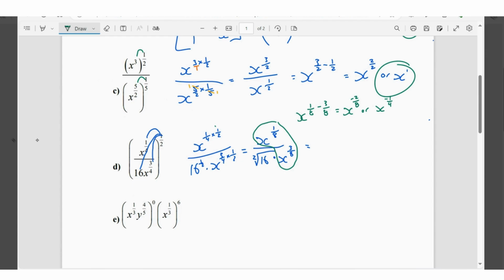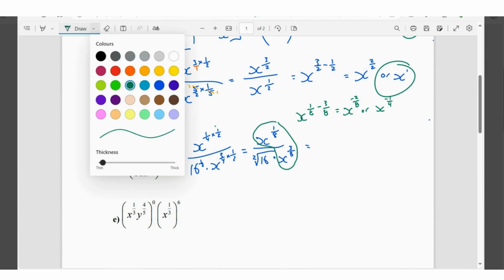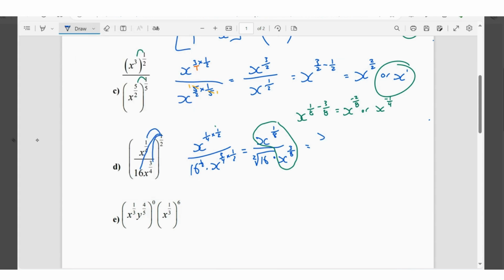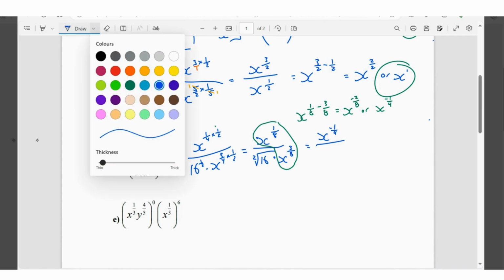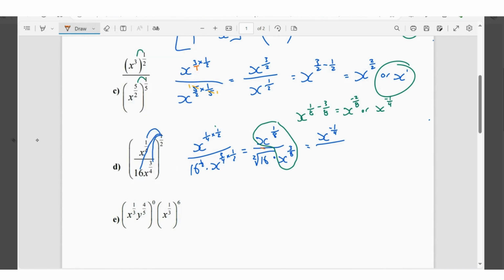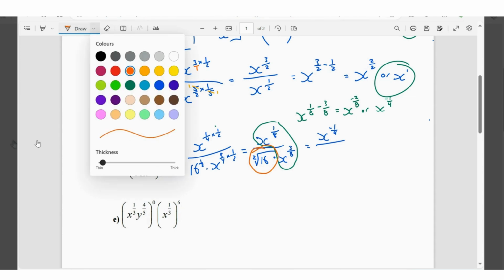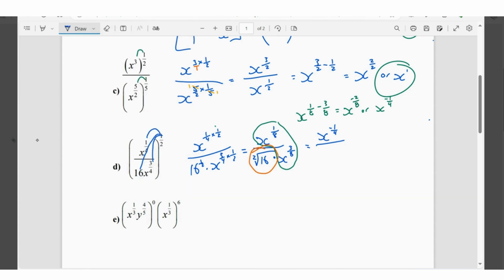So we'll end up with x to the -1 over 4 over, this is the next part that I'm simplifying right here, the square root of 16. So what times itself equals 16? I know that to be 4.